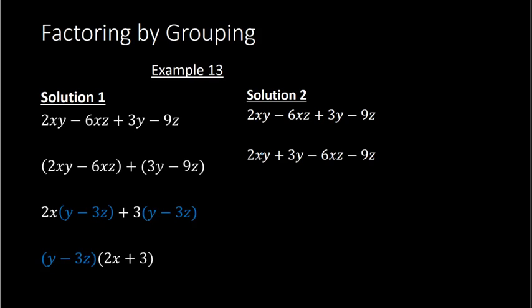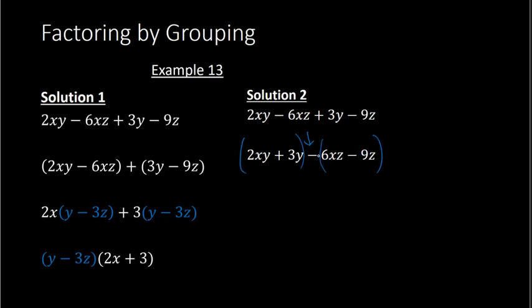And now if I were to group this together and then this together, you need to be careful when there's a negative in the front of the second parentheses, because parentheses means that whatever's in front goes to everything in parentheses.